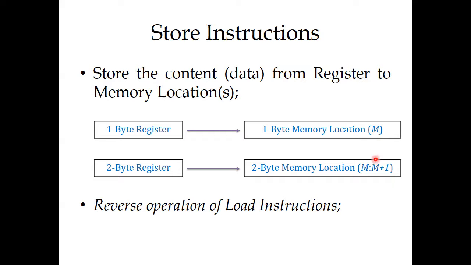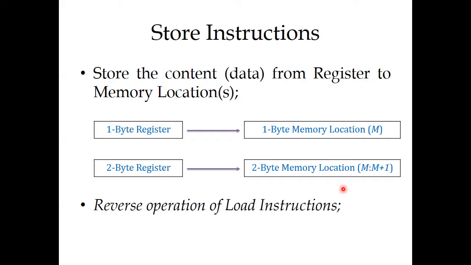In the case of 2 bytes, it's written M colon M plus 1. This means any memory location M, and including the following one, because M plus 1 is just the next immediate location. So that actually means 2 consecutive bytes.